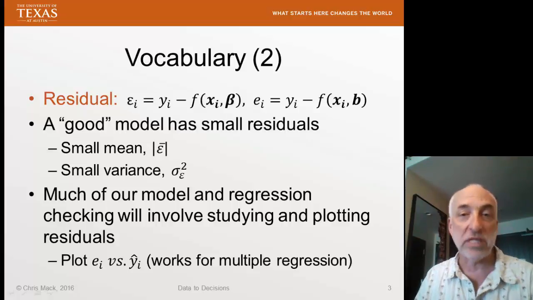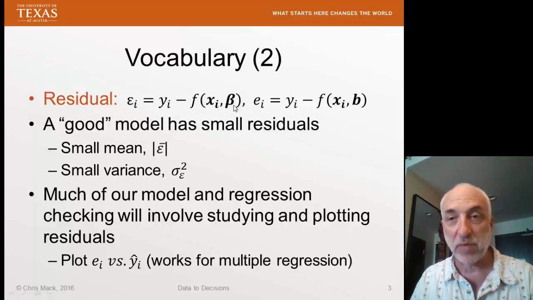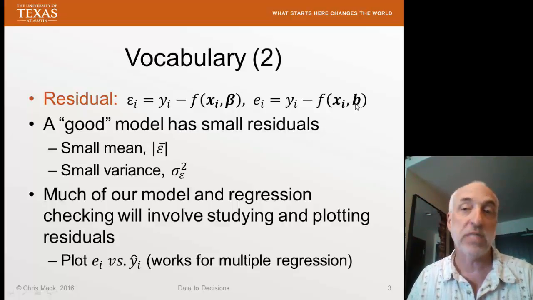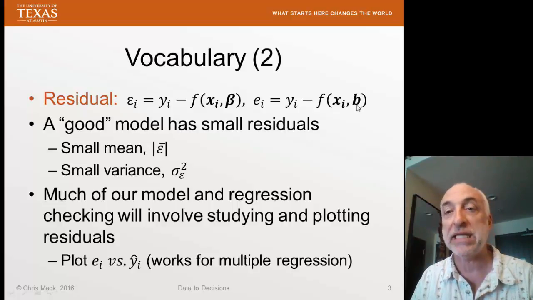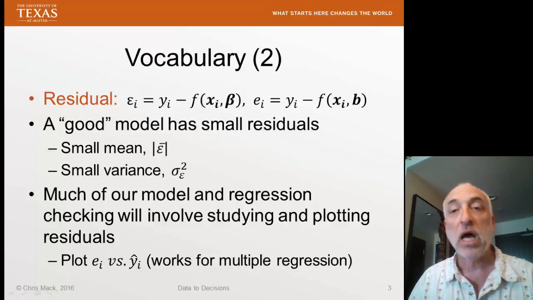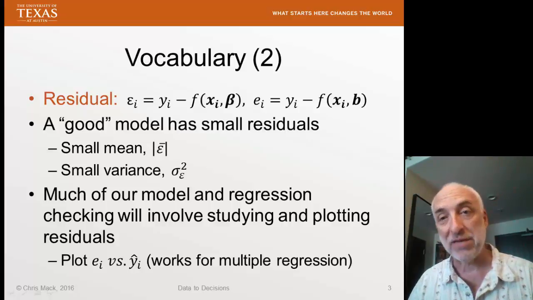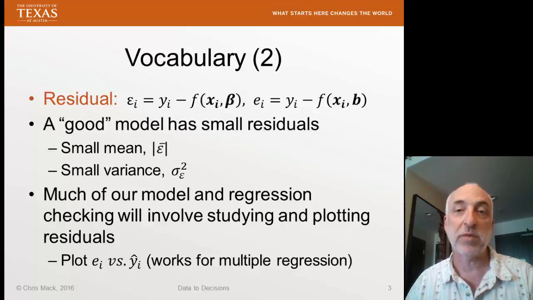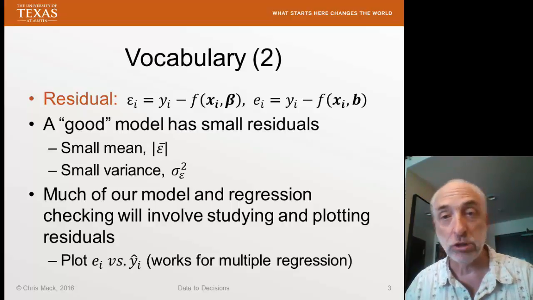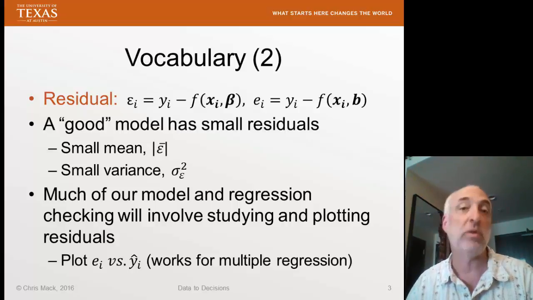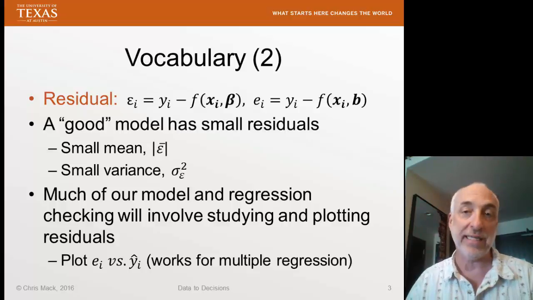But if I don't know these betas, I can estimate the betas with some parameters we'll call B. These are our estimates, and in fact, regression is all about trying to find these values of B. If I use my estimated parameters in the function, then the difference between the experimental data and that function will also be a residual, but we'll give it the Roman letter e.